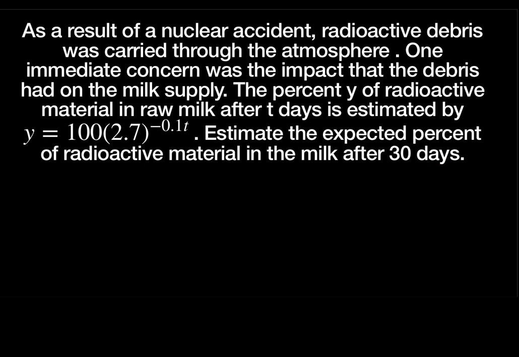So if they give you 30 days, then it's a matter of looking at that equation and trying not to get freaked out, saying, don't worry, y equals 100 times 2.7 to the negative 0.01 times 30, the number of days. And then it's doing order of operations.